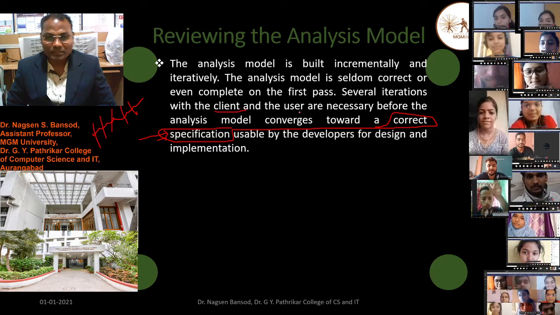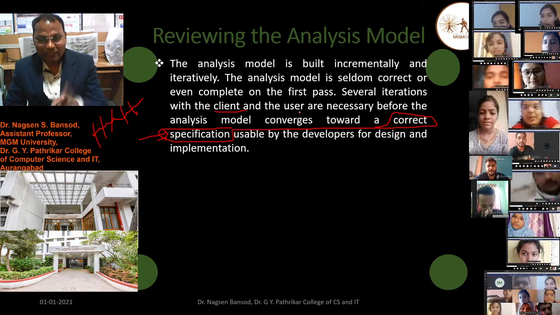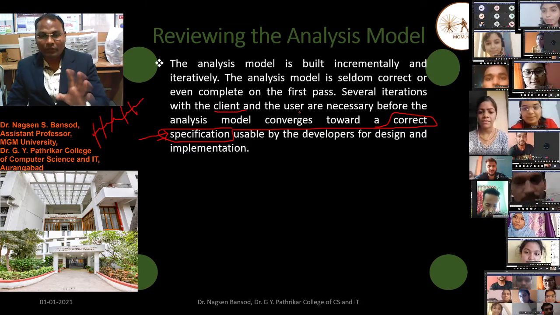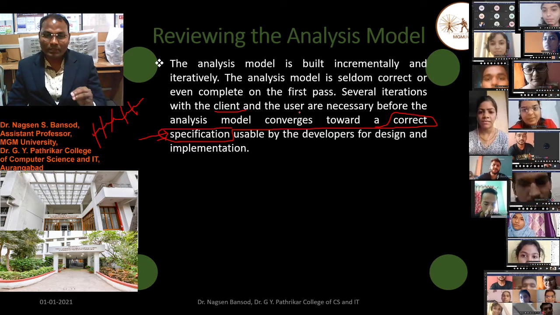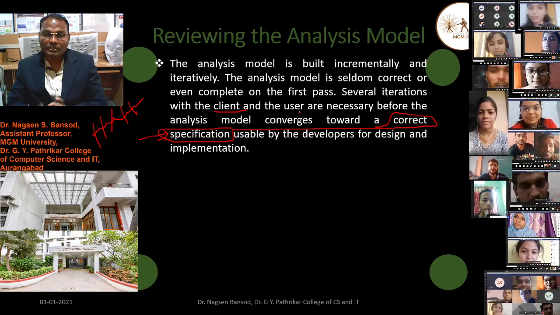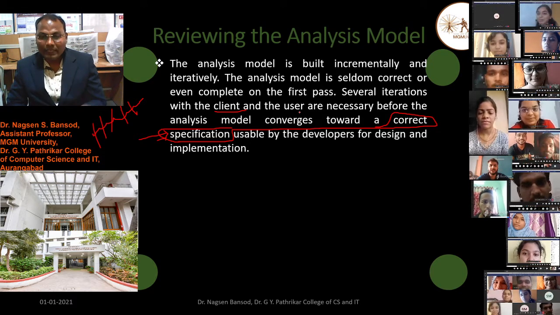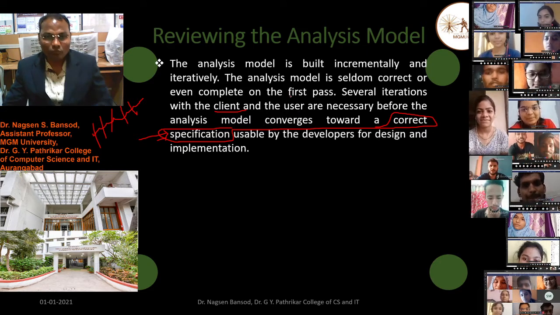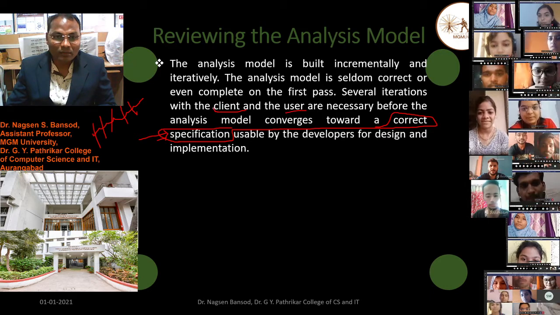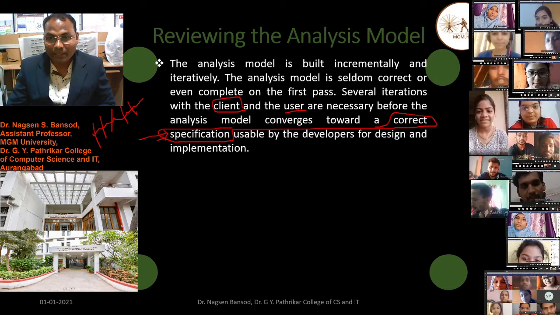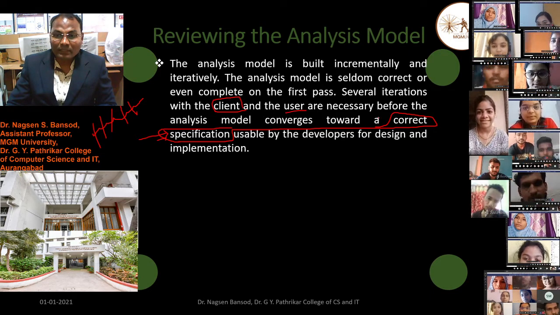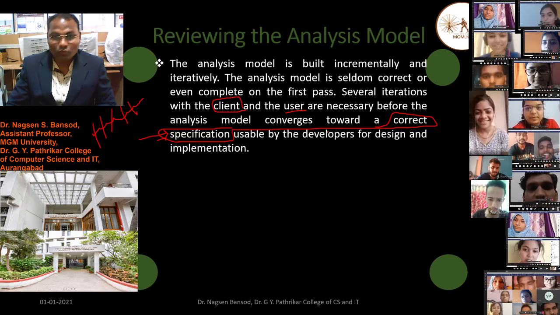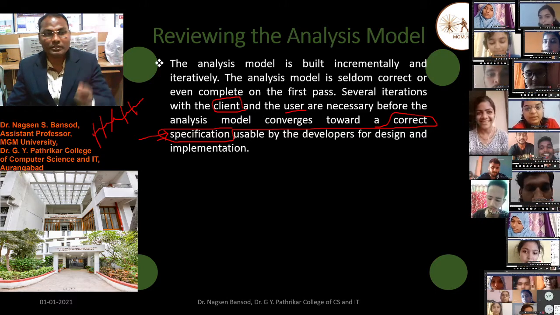If you visit the users and client just one time, there may definitely be chances of software failure. Your software will not work properly, and you will miss some functions from the software. To avoid that, we have to communicate several times with the user and client until the analysis model converges toward the correct specification.